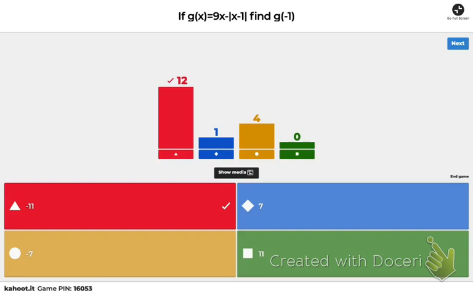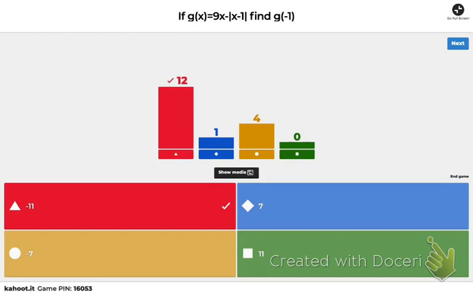Okay. So I would say g of negative 1 would be 9 times parentheses negative 1, minus absolute value of negative 1 minus 1. Does that make sense? Wherever I see an x, I'm just going to drop in a negative 1. So check this out.